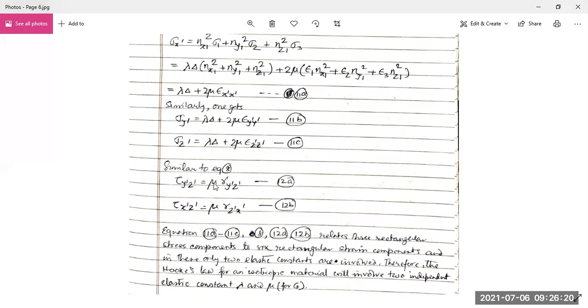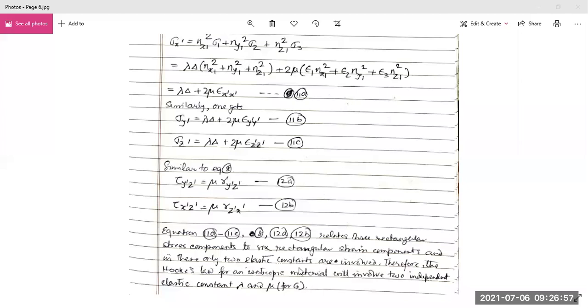So all these equations relate the three rectangular stress components, sigma x, sigma y, and sigma z, meaning the stress components along the x direction, y direction, or z direction, which we also call the principal stress components sigma 1, sigma 2, and sigma 3, to the six rectangular strain components, which include the tensile as well as shear components.